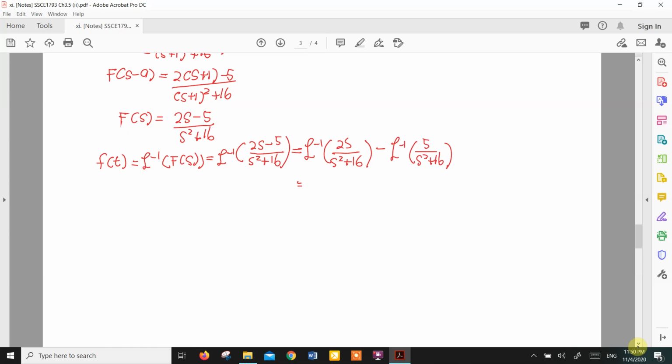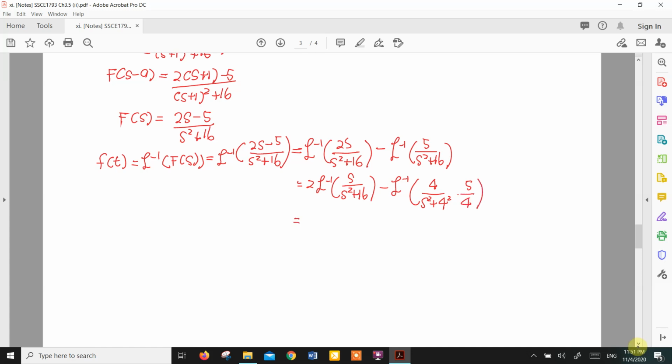Here I take out 2, so I have s over (s square plus 16), which is cos 4t, minus the inverse of 5 over (s square plus 16), which will be sin 4t. This is s square plus 4 square, so the constant should be 4 here, so you will have 5 over 4.